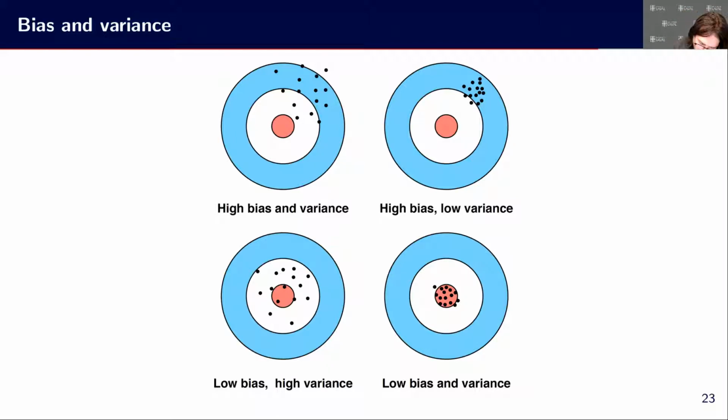We have another case with high bias and low variance. On average, if we look at the average value of the estimator versus the target, which is usually the ground truth, we have a big gap. So we have a big bias here. But in terms of spread, the points are relatively close together, so the variance is low but the bias is important. That's typical of models which are not complex enough.